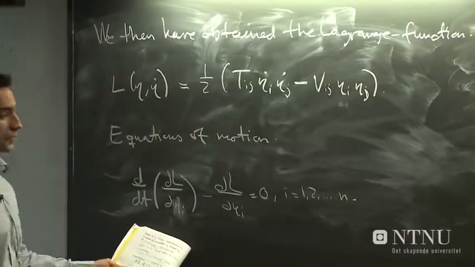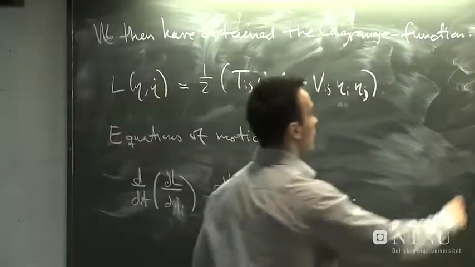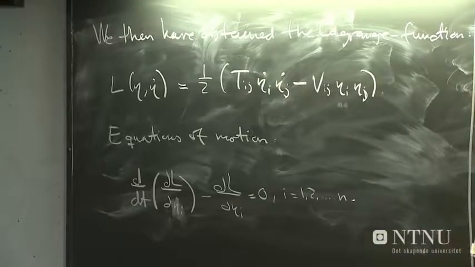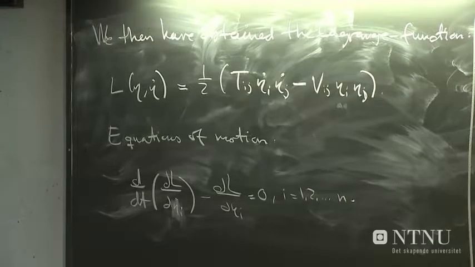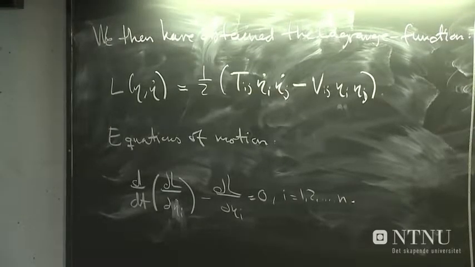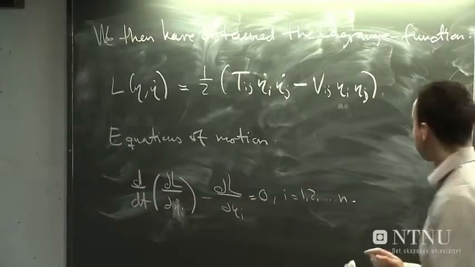So the equations of motion look like this. And let's consider these equations of motion for one particular value of i, so we solve them for one generalized coordinate.